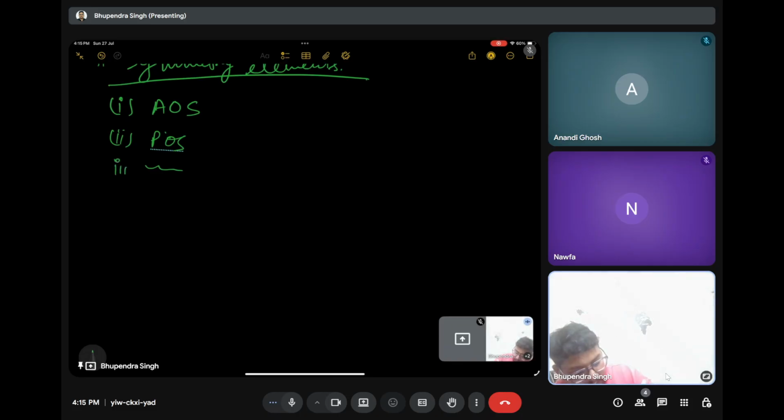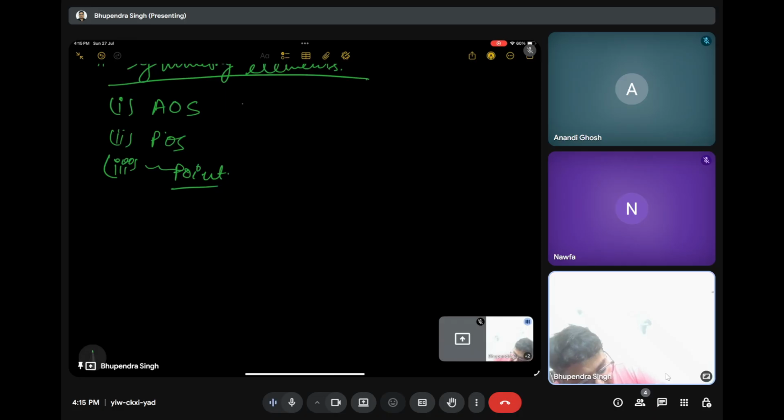The third one is a point, an inversion point, which you have already seen.